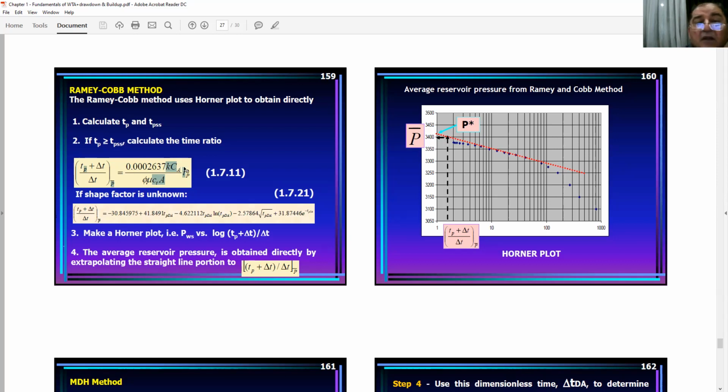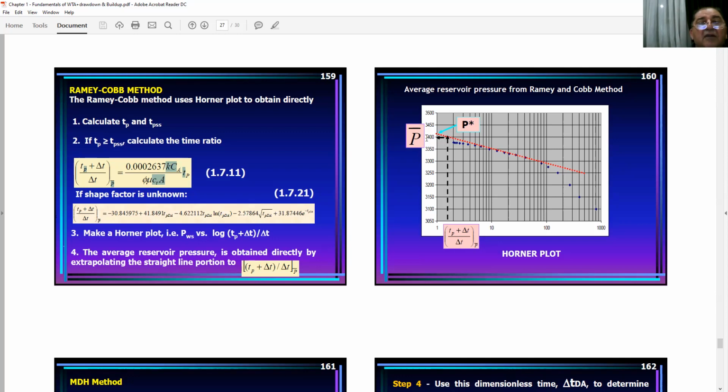Now we are going to go with the Horner plot and get the value of the permeability, of course. And from the Horner plot, using the time ratio, TB plus delta T over delta T for average reservoir pressure, you go to the infinite-acting line and get the value of average pressure.